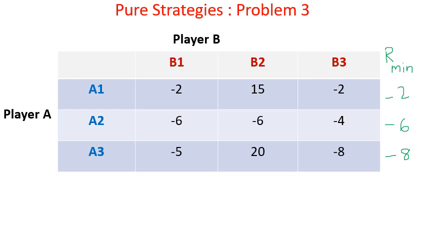Similarly, if I now look at the column maxima, the maximum value here will be -2, because of all the 3 payoffs, -2 is the maximum. Here 20 is the maximum, and here it is again -2, again -2.